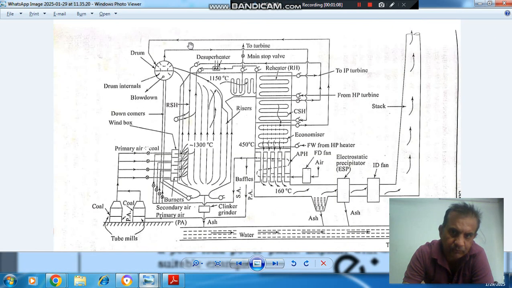From the drum the steam flows here, to the convective superheater, leaves here, then goes to the radiant superheater, and then goes up, then to the desuperheater, then to the pendant superheater, and then to the turbine. From the high pressure turbine, some steam is extracted for reheating and then it is sent to the intermediate pressure turbine. So this is the steam flow.